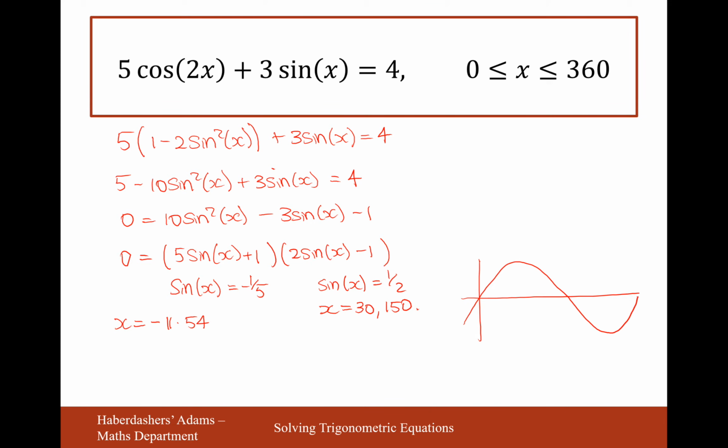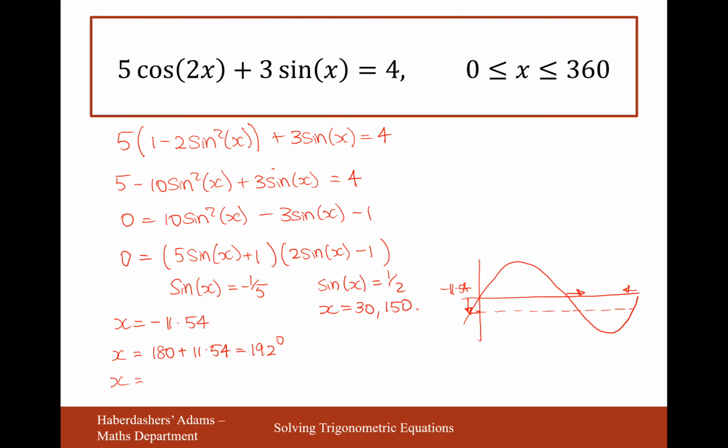What it's probably done is it's probably given me this solution down here at minus 11.54, so I have to take that minus 11.54 and add it onto 180 and then take it off of 360. So my next solutions are going to be 180 plus that 11.54. I'll make sure I do it on my calculator properly and do 180 minus answer. And that will give me 192 when rounded to 3 significant figures.